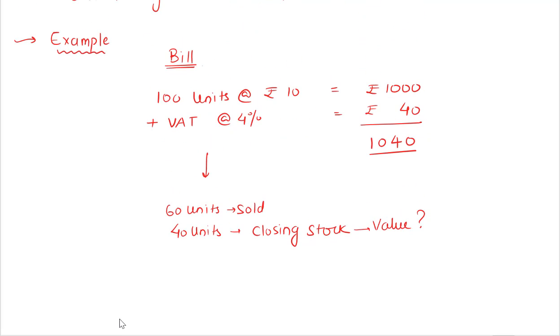Just see it well. 60 units are sold, that means 40 units are there in closing stock. So 40 units multiplied by 10 rupees, that is 400. VAT will not be included while calculating closing stock. Why?